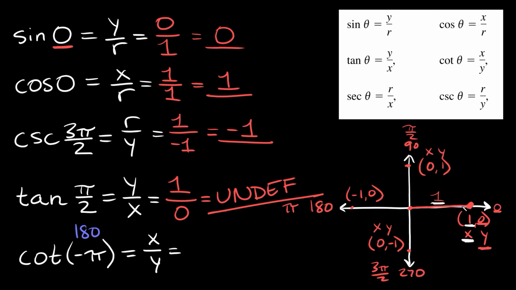If we rotate negative 180 degrees, we'd still land right here. So in any case, we're looking for the x and y values at this spot. This is our x, this is our y. So x is -1 and y is 0. Again, we cannot divide by 0, so our answer would once again be undefined.